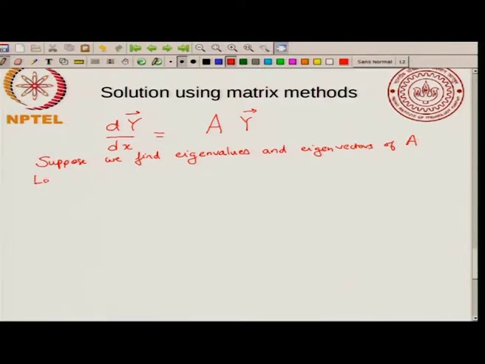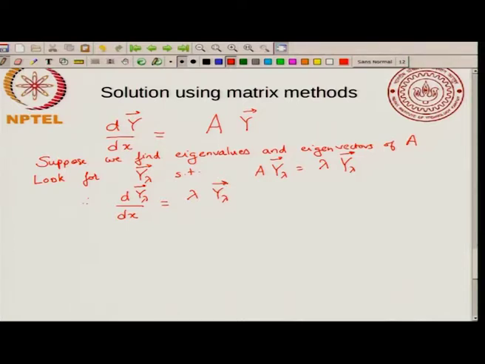We look for these eigenvectors y lambda, such that A times y lambda is equal to lambda times y lambda. So, you are looking for vectors such that this is satisfied. Therefore, we can immediately write d y lambda divided by dx is nothing but lambda times y lambda.